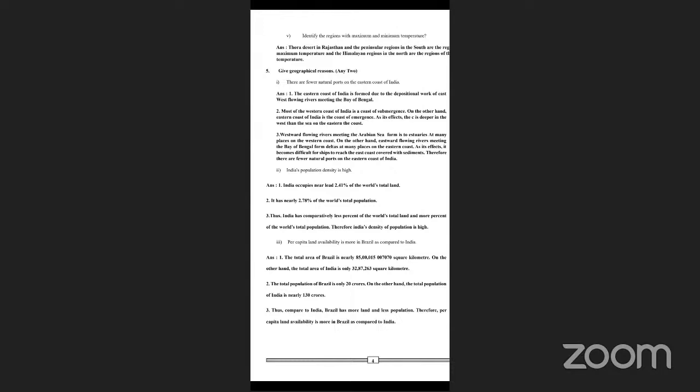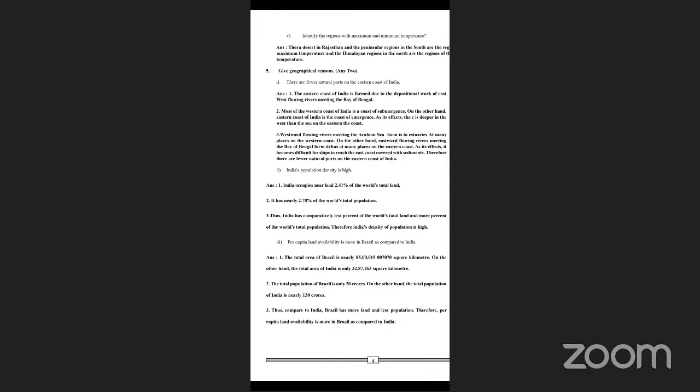Second one, India's population density is very high. Yes, India nowadays ranks second in the world in population after China. India occupies nearly 2.41% of the world's total land. It means out of the total geographical area, India only occupies 2.41%.